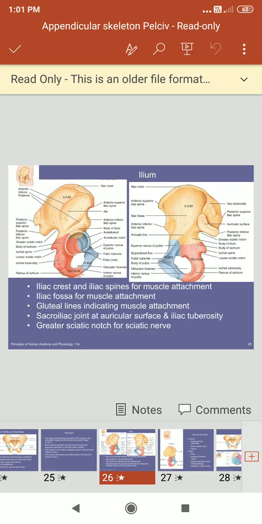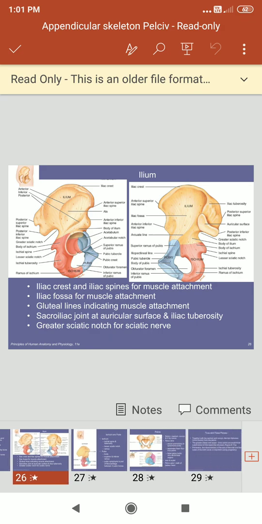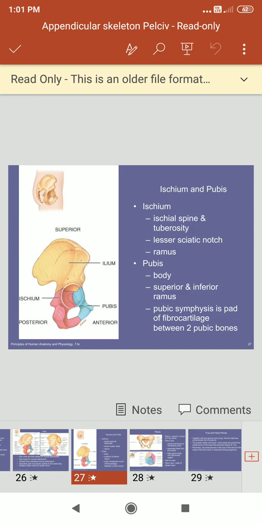So you can see and observe the iliac crest, the iliac spines for muscle attachment, the iliac fossa for muscle attachment, the gluteal lines, the sacroiliac joint, and the greater sciatic notch. The ilium and pubis have the lesser sciatic notch, the body, and the inferior and posterior ramus.